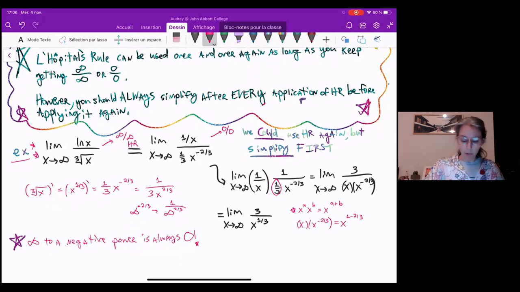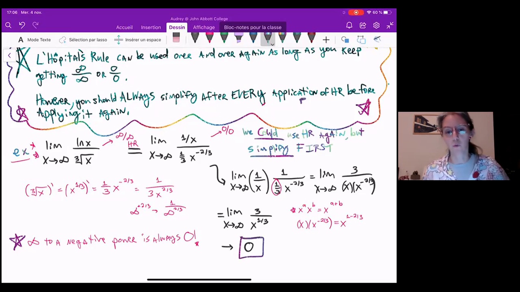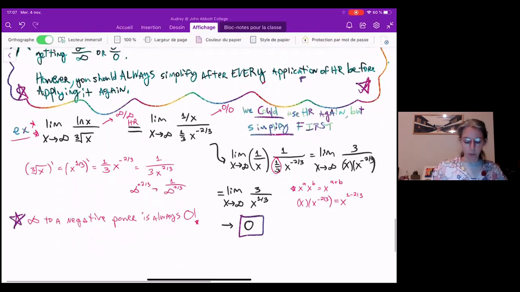So now when I plug in, I don't get 0 over 0 anymore. In fact, I just get 0 because I get that division by infinity. And so I avoided doing L'Hopital's rule 2 times because I simplified first. Okay, let's do one more example of L'Hopital's rule multiple times.